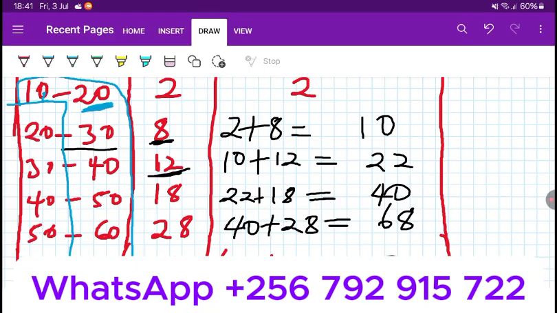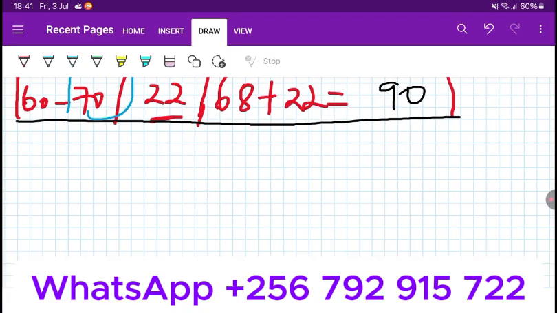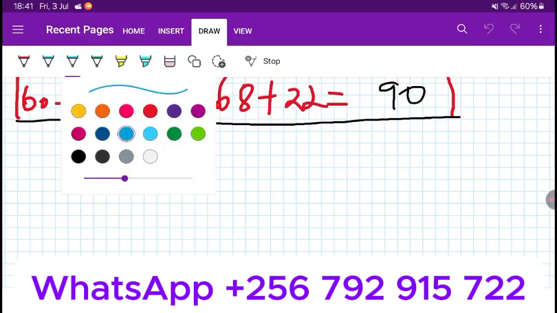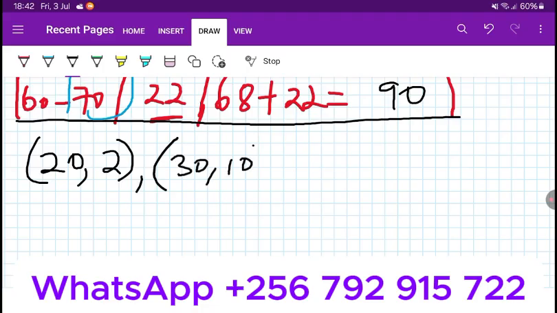So let's put our coordinates. Let's just summarize the coordinates that we are going to plot. We said we are going to plot starting from 20. 20 is our upper class boundary. 20 with what cumulative frequency? The cumulative frequency is 2. Then the next one is of course 30 and 10.